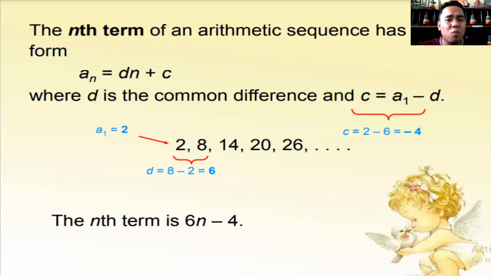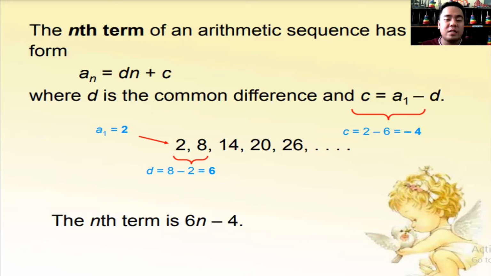So for c, to get c, that is a sub 1 minus d. What is a sub 1? The first term. Here is the formula: a sub 1 minus d.